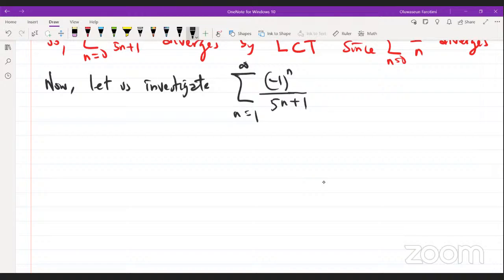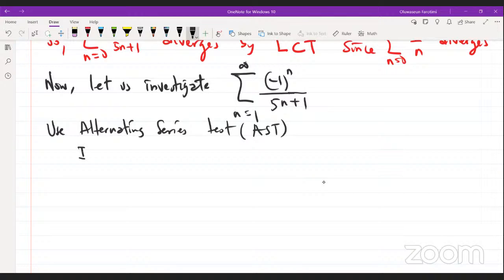This guy has alternating sign. Do you guys remember the AST, the alternating series test? So use the alternating series test. Now, in this AST, keep in mind that there are a few things we need to check.